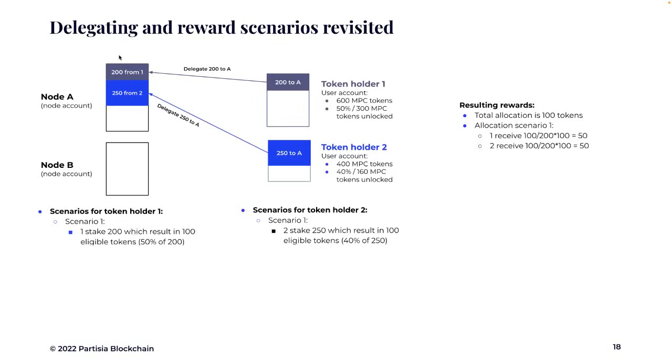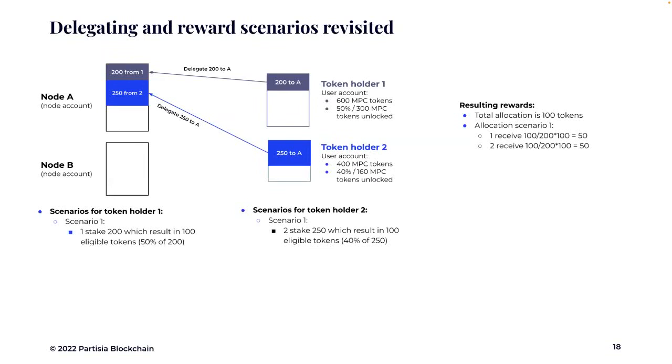And since everyone is delegating to the same node, it wouldn't make any difference anyway. So this is a very simple network with two nodes and two token holders. And what we are going to end up with is to allocate 100 tokens to these two token holders.